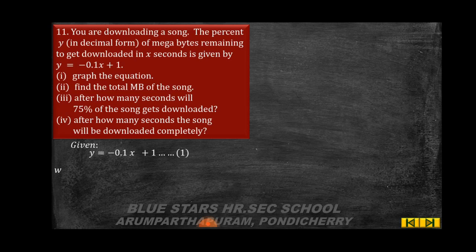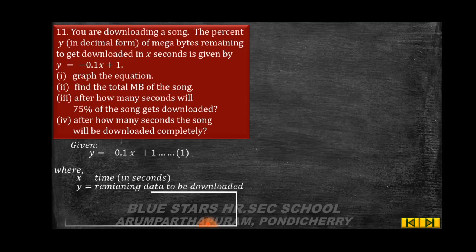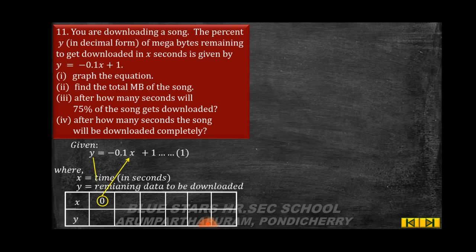So given y is equal to minus 0.1x plus 1, which is your equation number 1, where x is equal to time in seconds and y is equal to remaining data to be downloaded. So you are going to draw a tabular column of x and y. When you substitute x is equal to 0 in equation 1, you get the value of y is 1. Then if you substitute x is equal to 2 in equation 1, you get the value of y is 0.8.